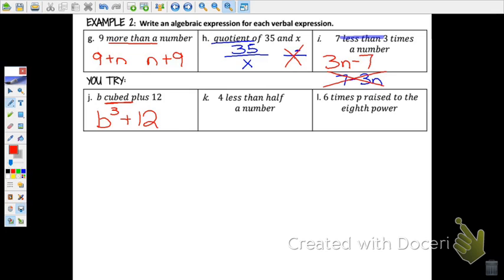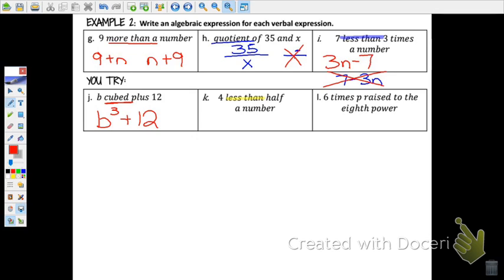When we look at K, this is where again we see that less than, so we cannot write it as we read it. We need to reverse it. So we need to start with half a number. How am I going to represent half a number? How am I going to write that? N over 2.